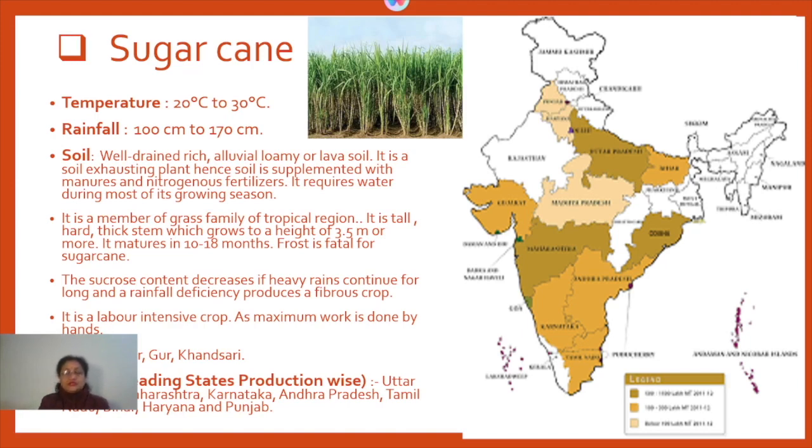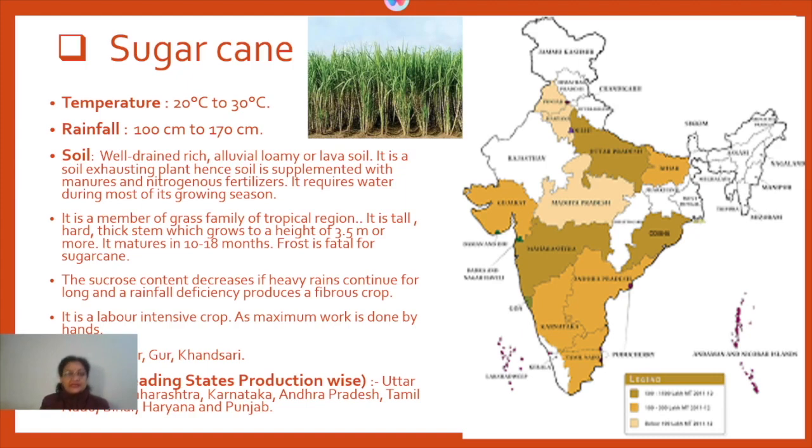Now, what all conditions are required for sugarcane cultivation? Let's discuss all that first. You should have a clear knowledge about what conditions are required and how India is an important country in the production of sugarcane, because India is a tropical country.